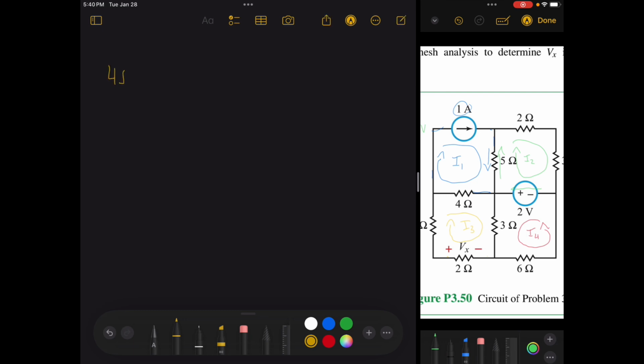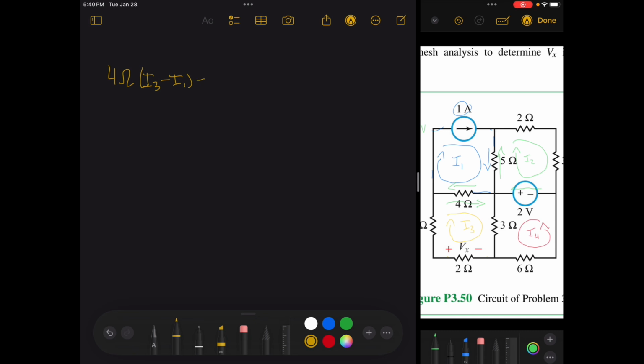We have the 4 ohm resistor; let's start with that. It shares a side with I1, which goes in the opposite direction of I3. As we travel clockwise for I3, we're traveling counterclockwise for I1, since it's the bottom side, going to the left.